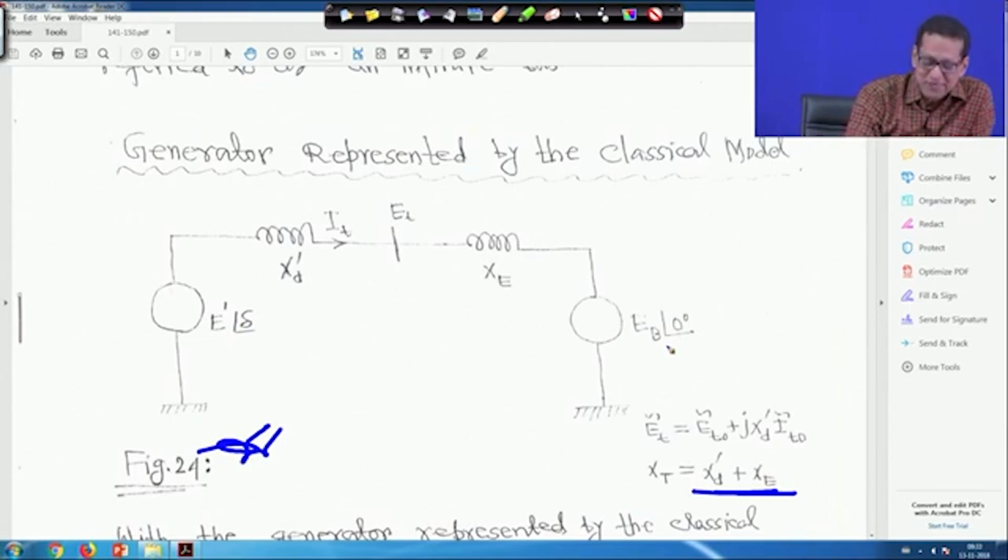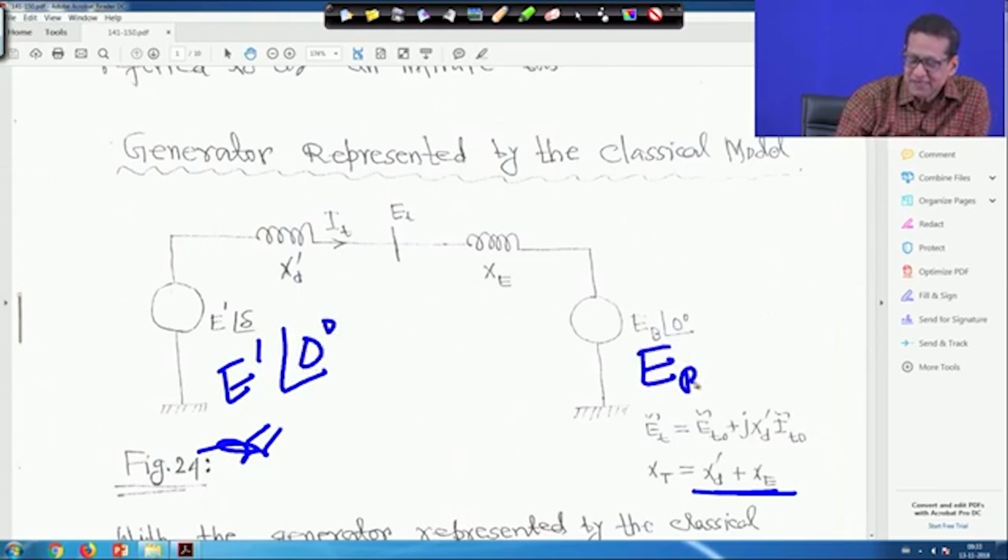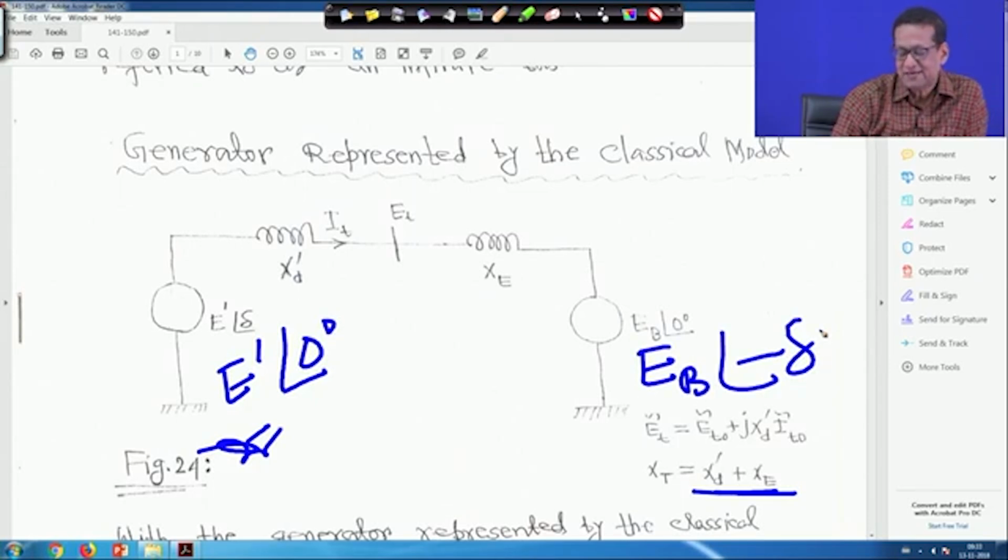Otherwise, you can make E dash angle 0 degrees, then E b is angle minus delta. Both are the same, because E dash leads E b, or E b lags E dash, by angle delta.